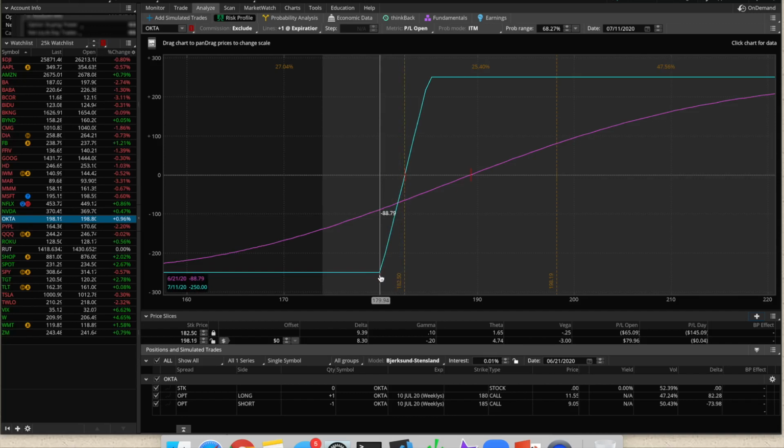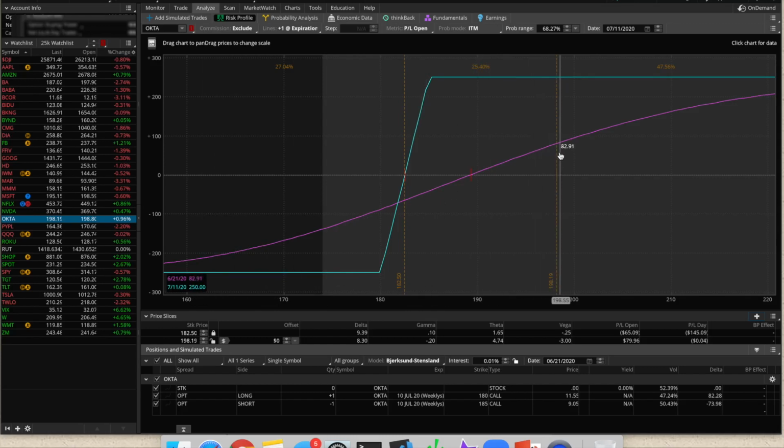Now let's see how this progresses as time goes on. So today, if you notice this pink line, that represents today or reality, and this blue line represents your profit potential at expiration. As time goes on, you will notice that the pink line starts taking the shape of the blue line slowly, day by day.